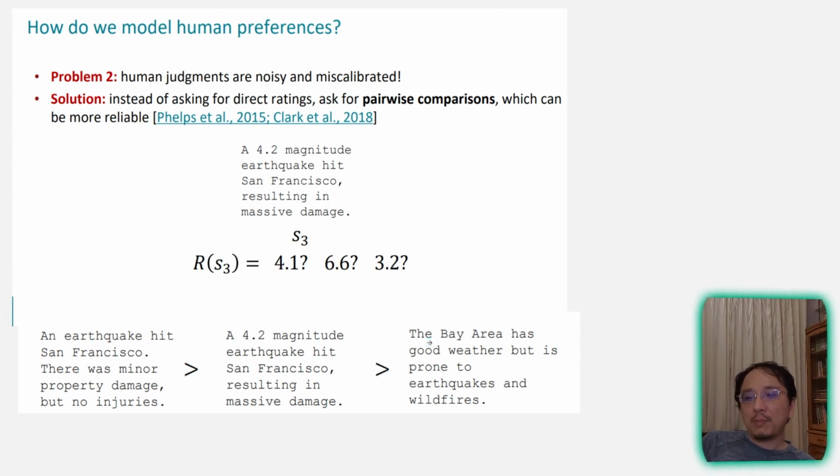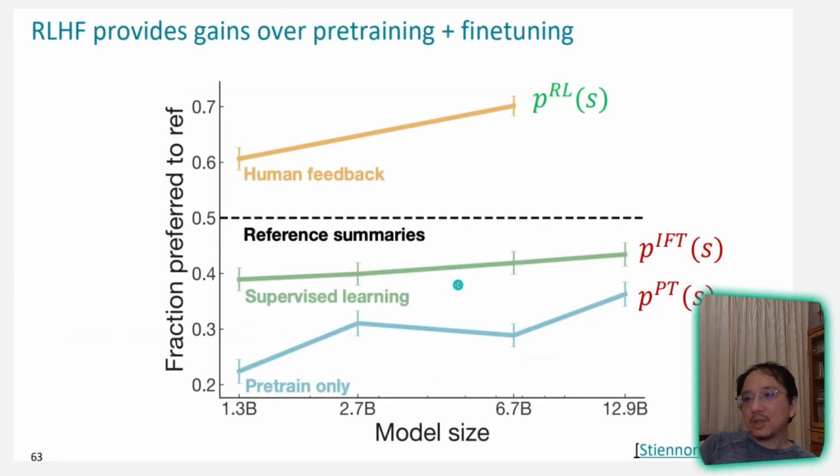So this score is more reliable and easy to train a model on, because this is simply a classification, as simple as a binary classification, instead of a regression. So it turns out this RLHF, reinforcement learning from human feedback, is very good.